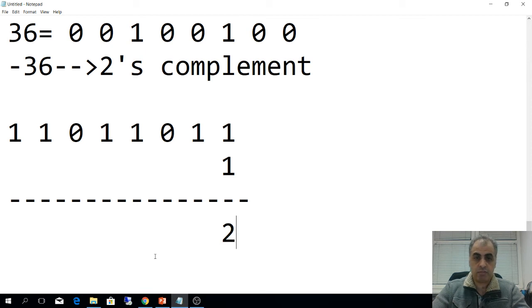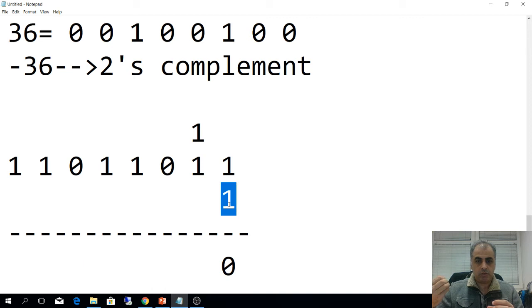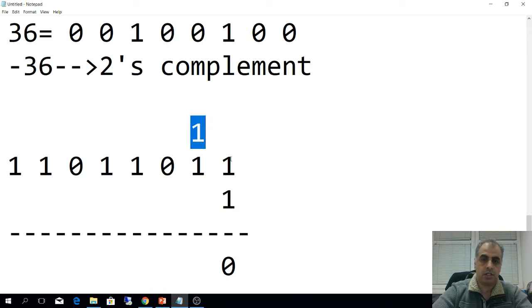When we take out one package of 2, the remainder is 0. This 1 carries over to the next place.